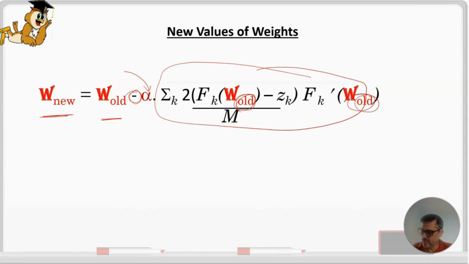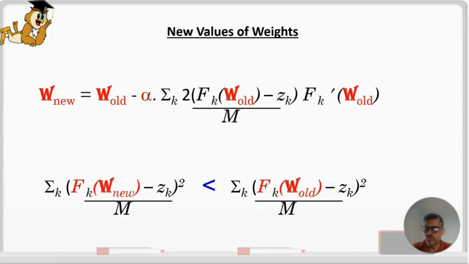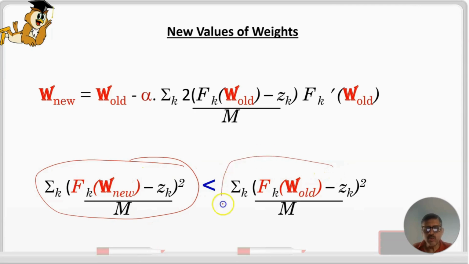So let's stare at this for a moment. W new is simply W old minus alpha times the gradient computed at the older values of W. So what this is going to do for you is your W new is going to result in a lower mean square error than W old.